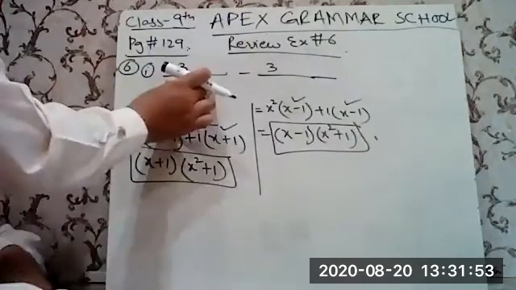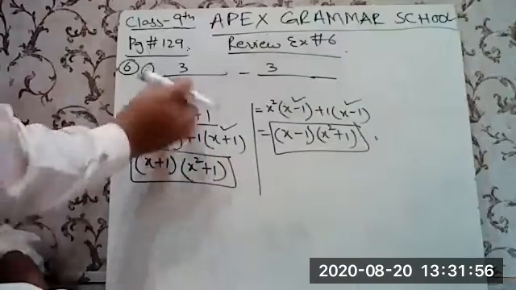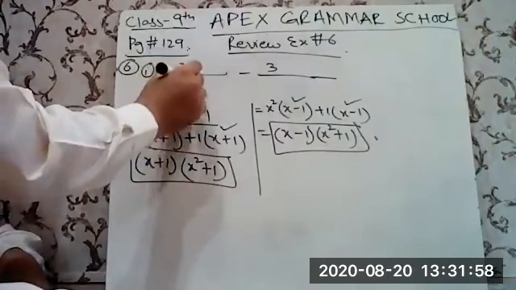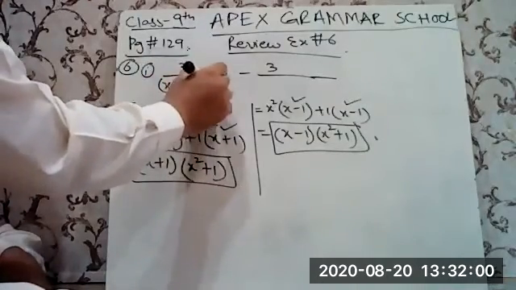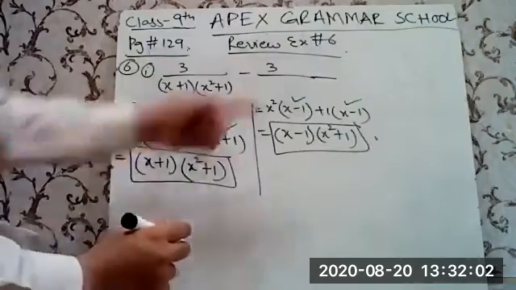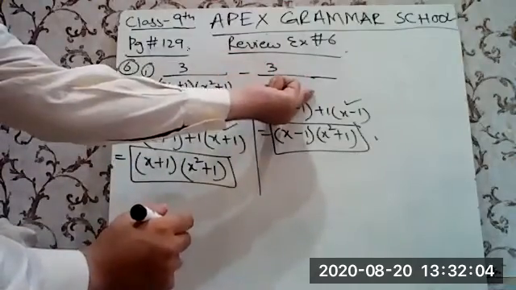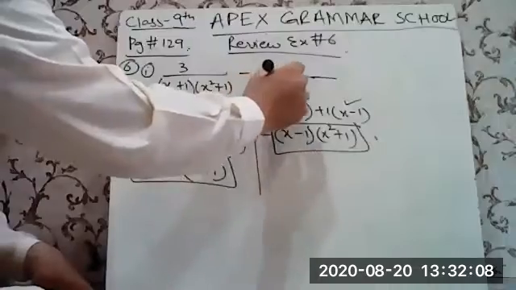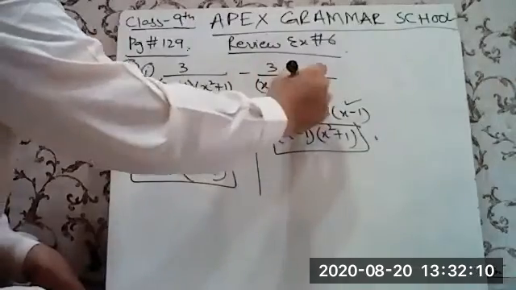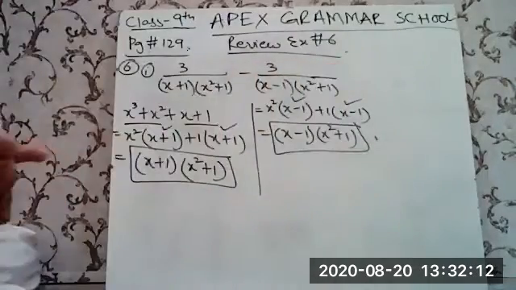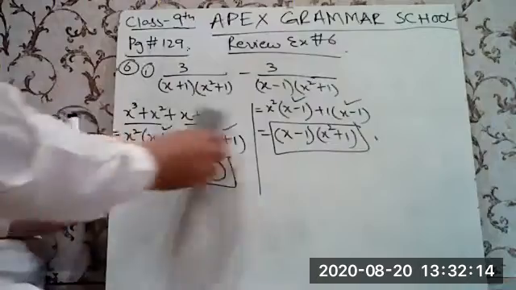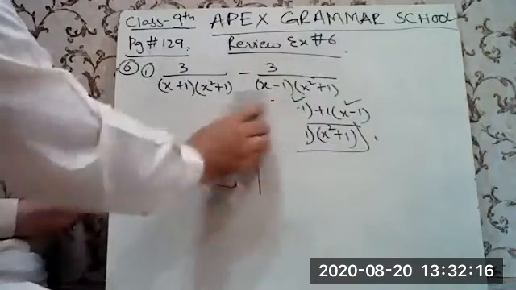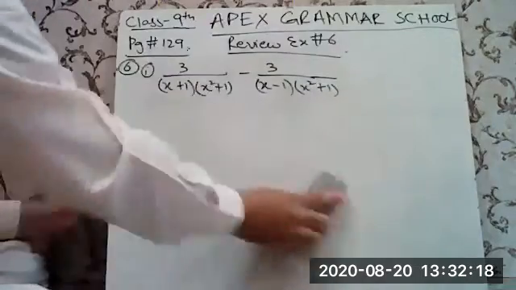That is, instead of that step, I'm going to write these things, x plus 1 and x square plus 1. And also, instead of writing the previous expression, I'm going to write here x minus 1 and x square plus 1.